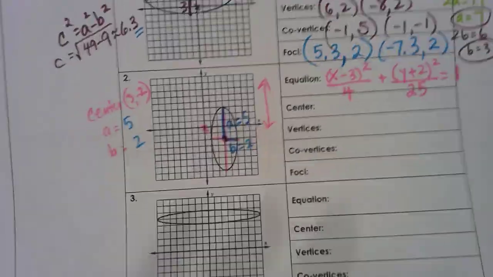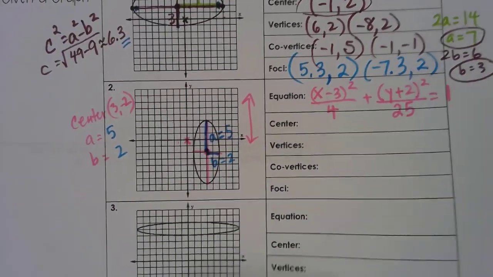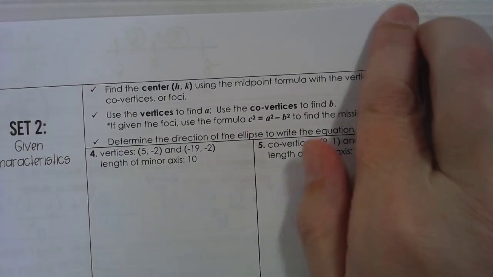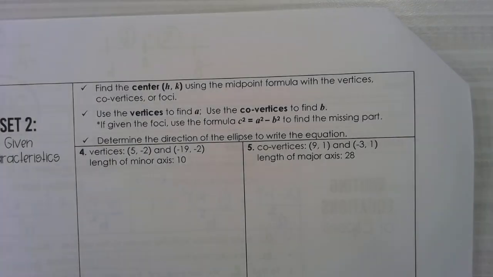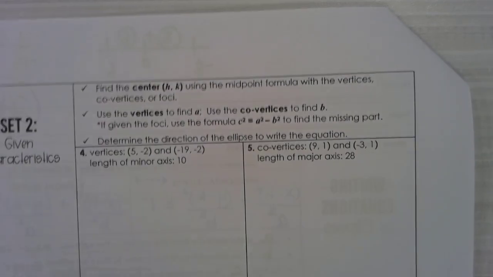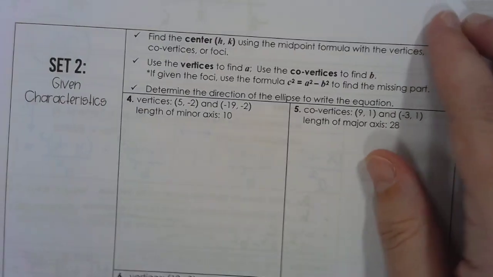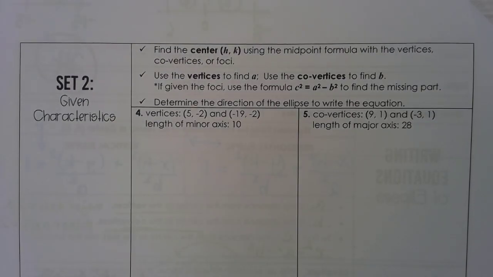Okay, so let's look at the characteristics without a graph. We got to figure out things. They're going to give us 2 pieces of information, and from those 2 pieces of information, we should be able to figure out the equation.